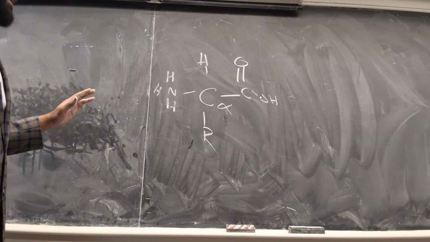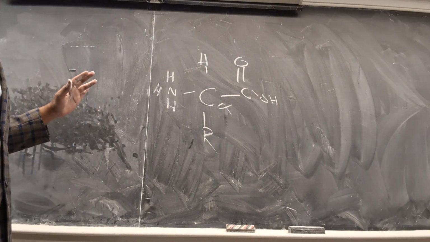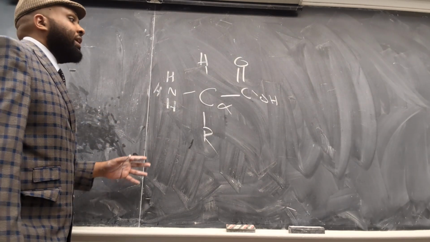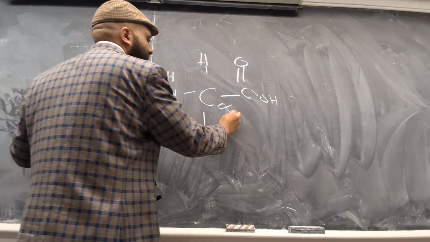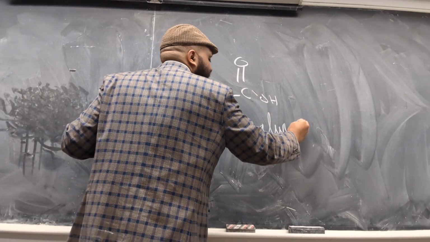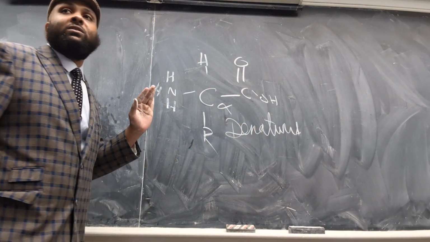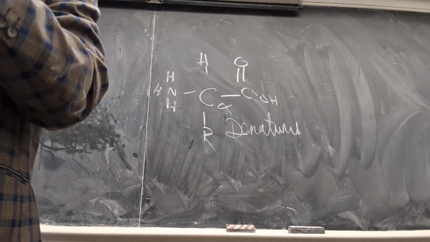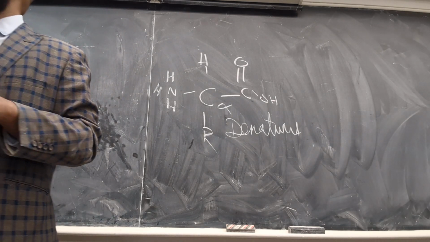And what's going to happen is, if you heat it up too much, you're going to start denaturing. This is a question also, denaturing. Denaturing is when you break down the structure of that protein.